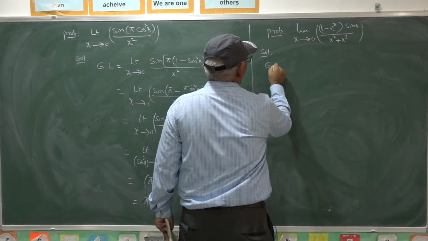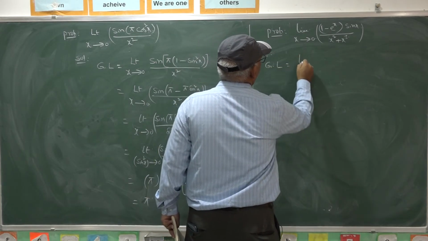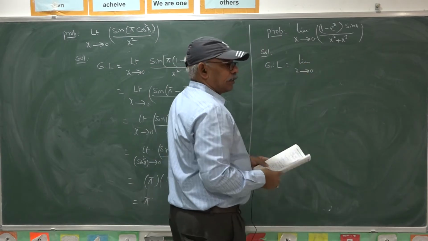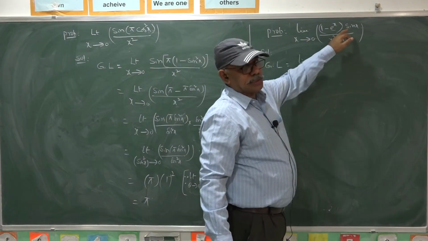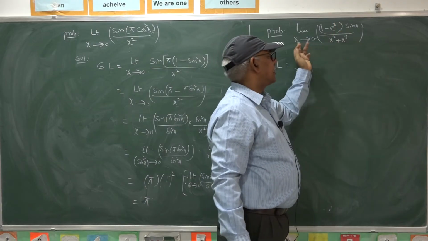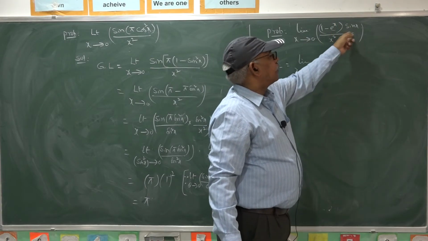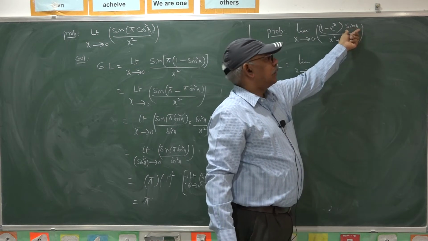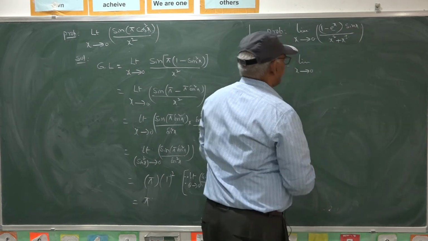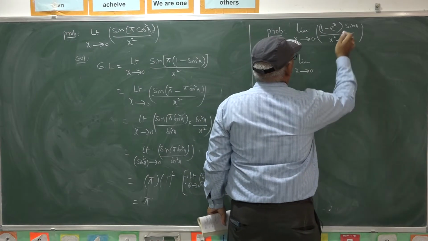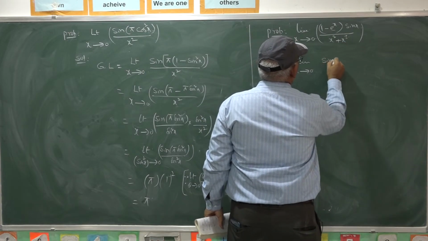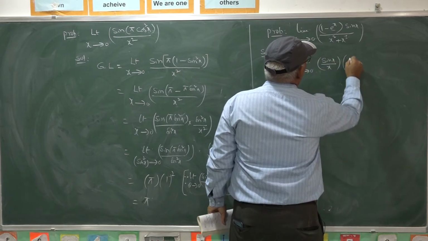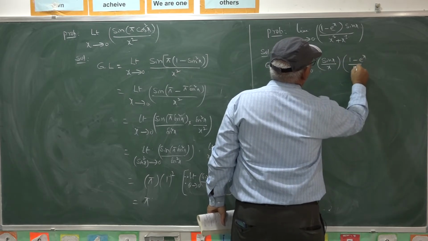Now the given limit is limit as x goes to 0. Immediately we know that sin x by x gives us 1 as x goes to 0. So get x in the denominator of sin x at first, and also 1 minus e power x by x.